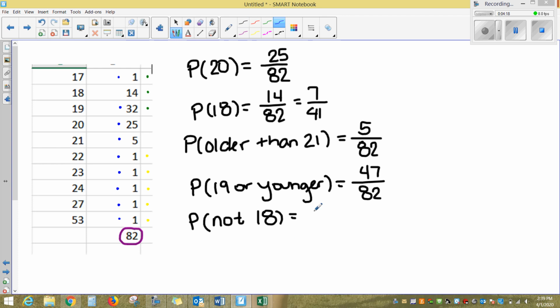Okay, so actually let's do that real quick. So out of those 82 students, there's 33, 53, 58, 63, 64, 65, 66, 67, 68. 68 out of 82, which if I reduced it, would be 34 out of 41.